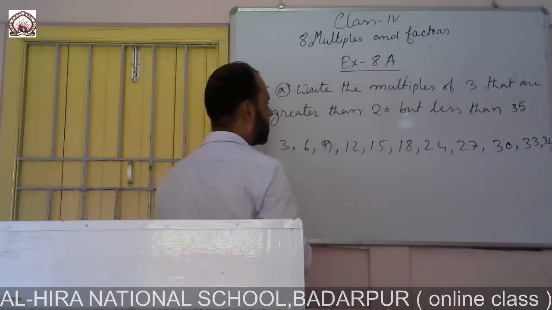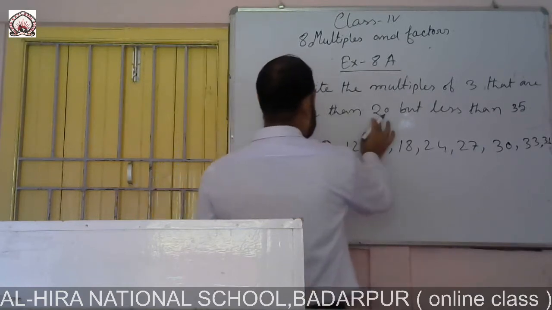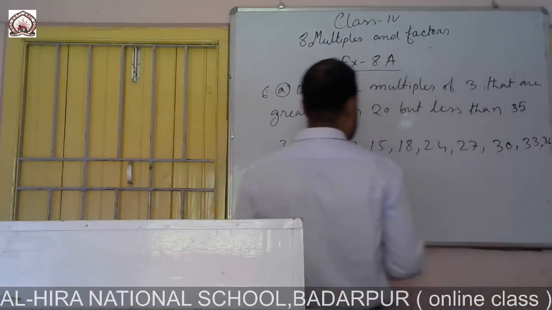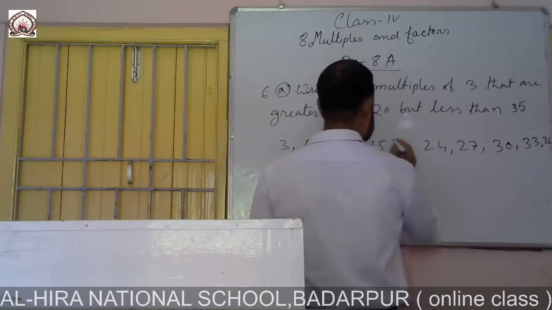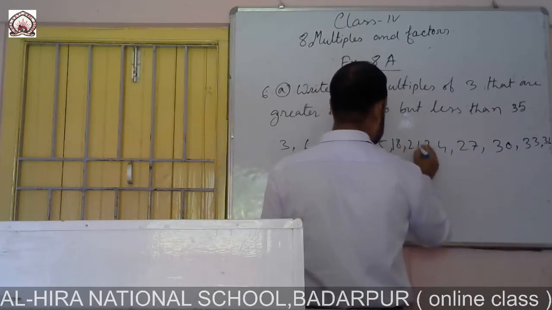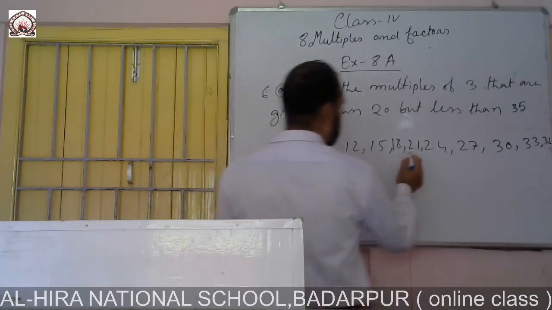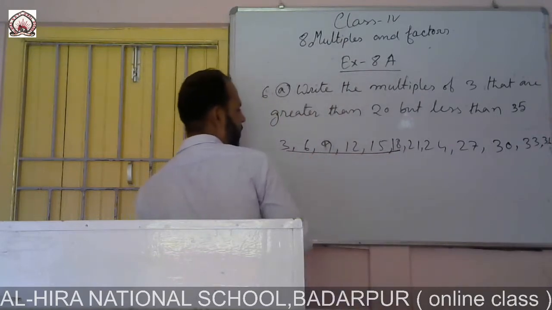Multiples of 3 which are greater than 20 but less than 35. So 18, 21. Up to this much is less than 20, so we can't write.